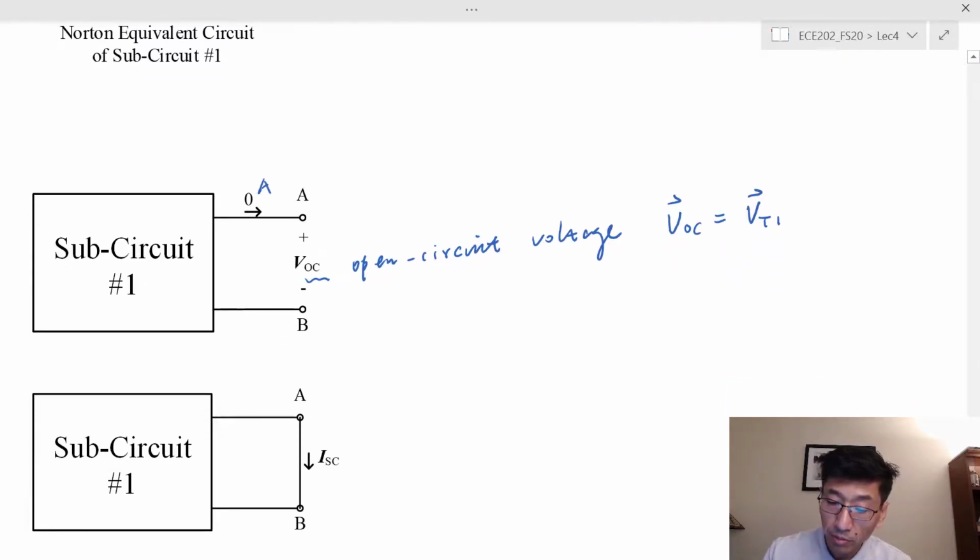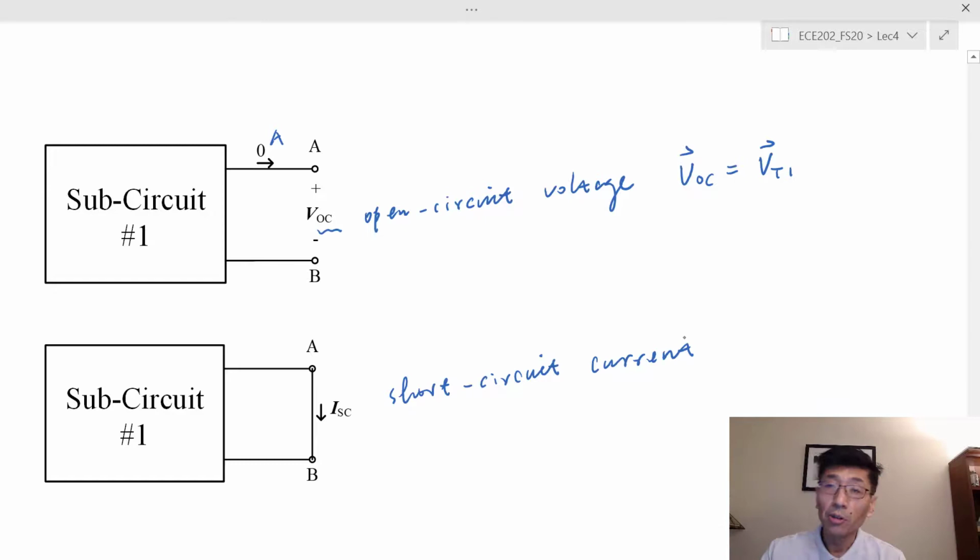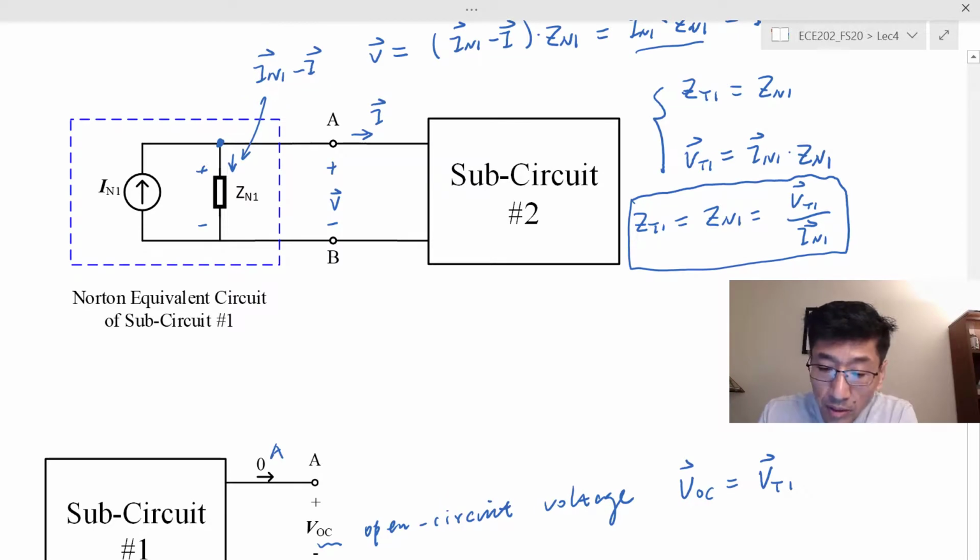And the way we find the Norton current is we do the short circuit current. Look at this: short circuit current means after I remove sub-circuit 2, now I draw a short circuit line between these. I use a short circuit wire to connect node A and node B. If you look at the Norton equivalent circuit here, and I short these parallel nodes, what would happen?